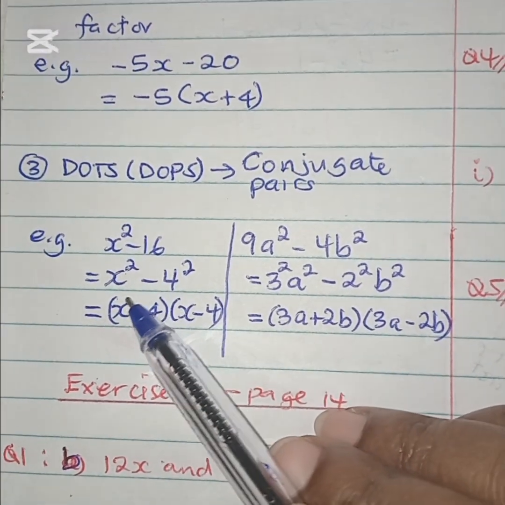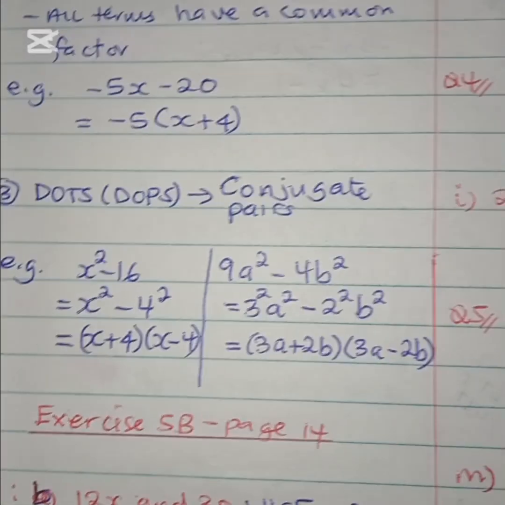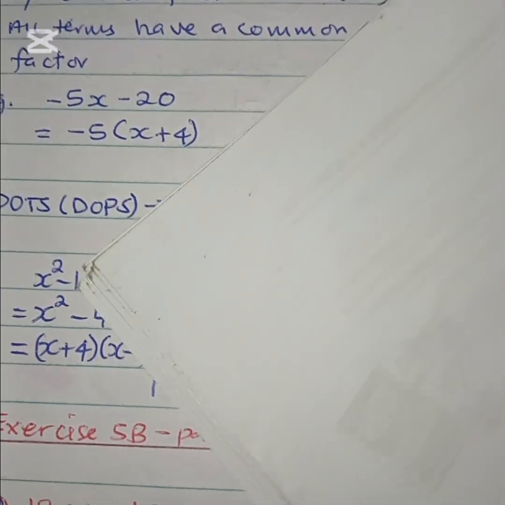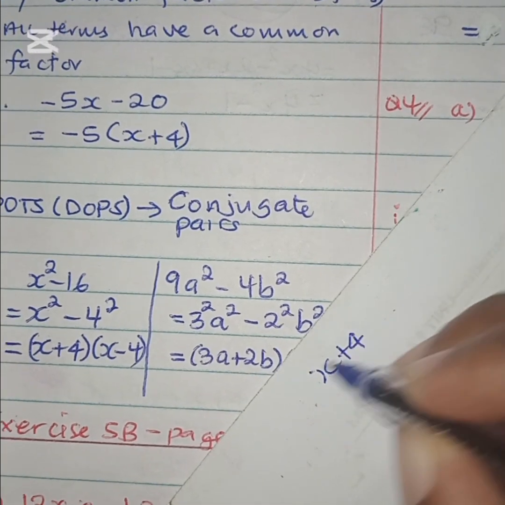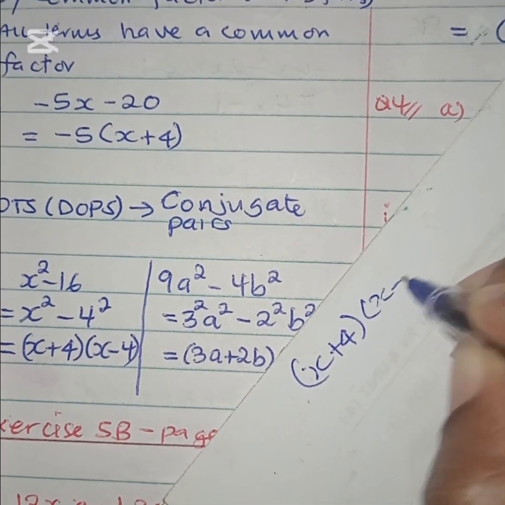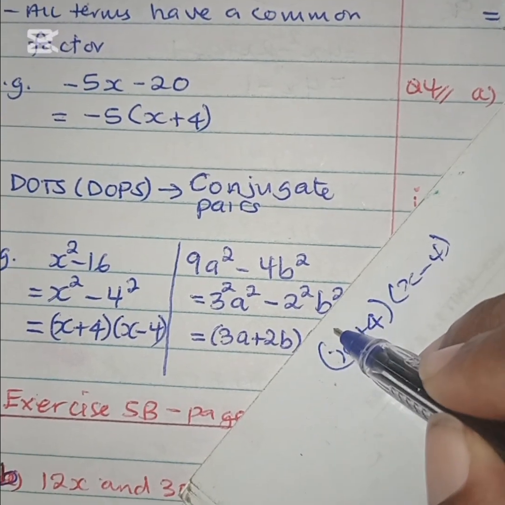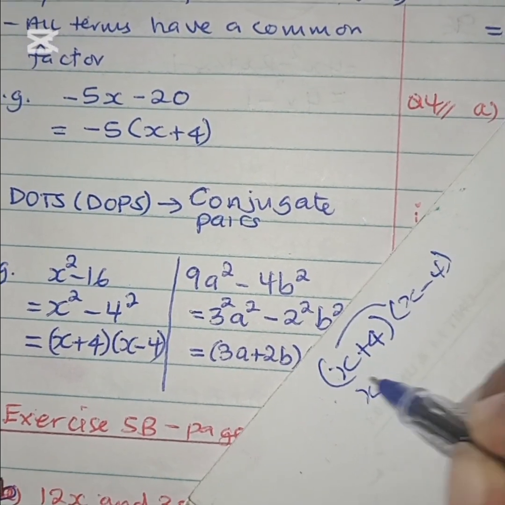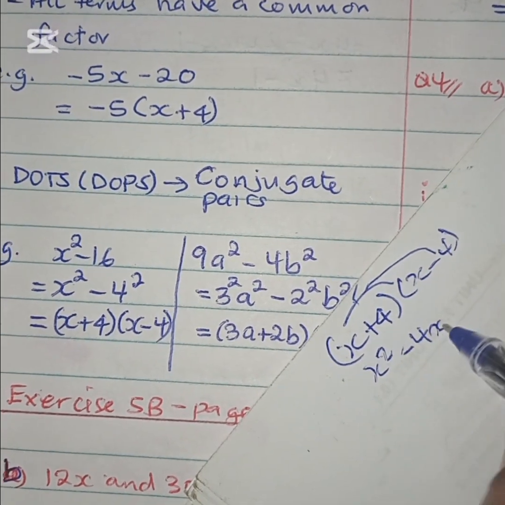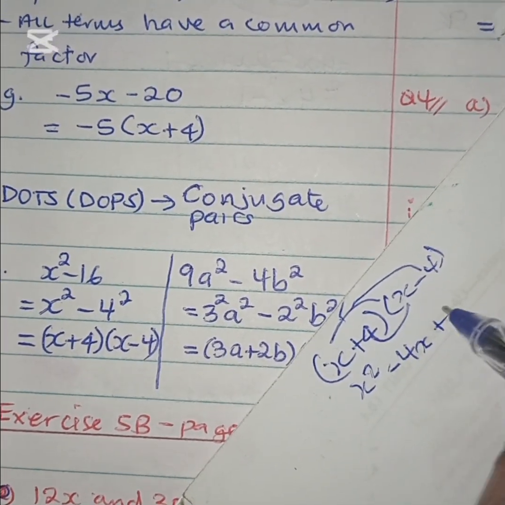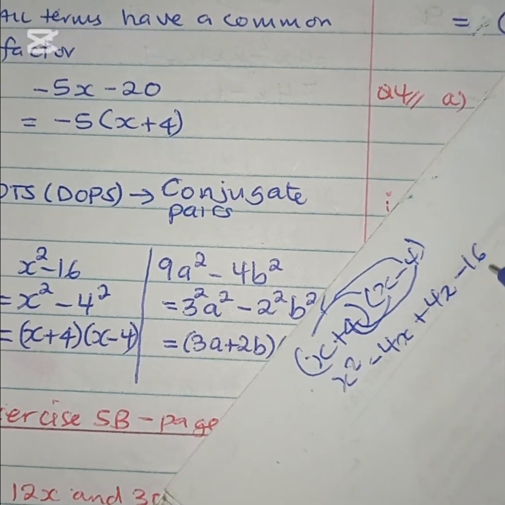Let's see. x plus 4 times x minus 4. If we expand, x times x gives x squared, x times negative 4 gives negative 4x, 4 times x gives positive 4x, and 4 times negative 4 gives negative 16.